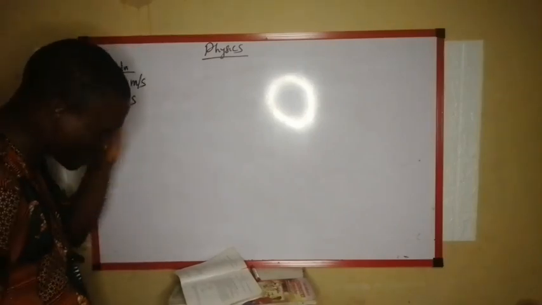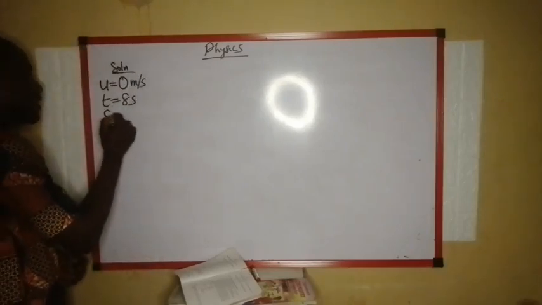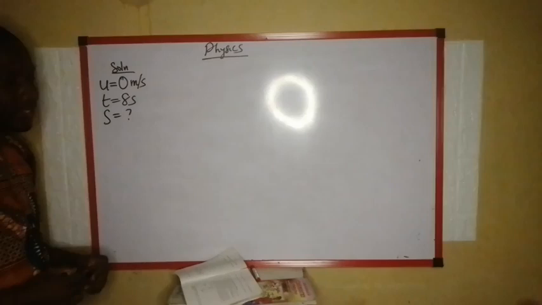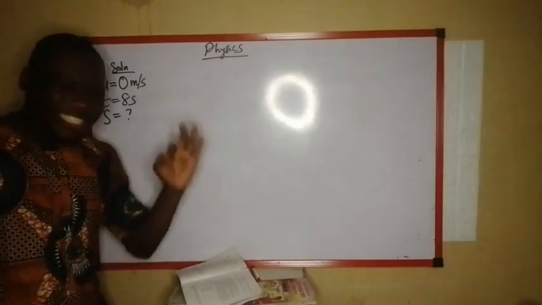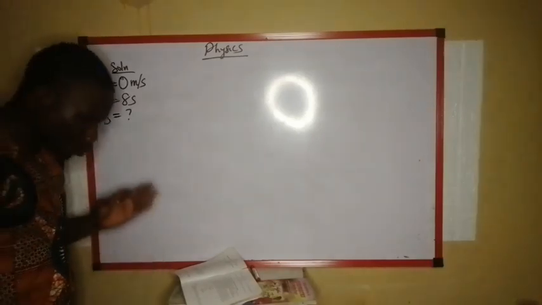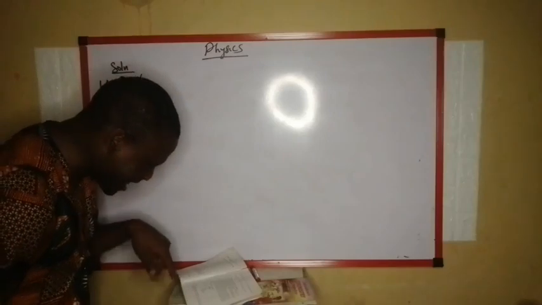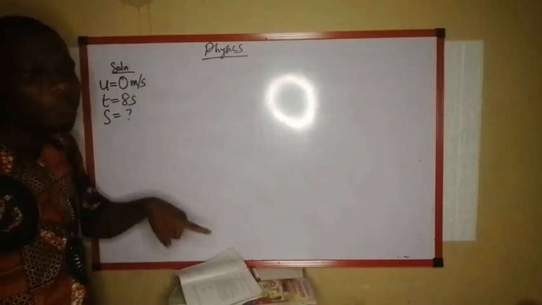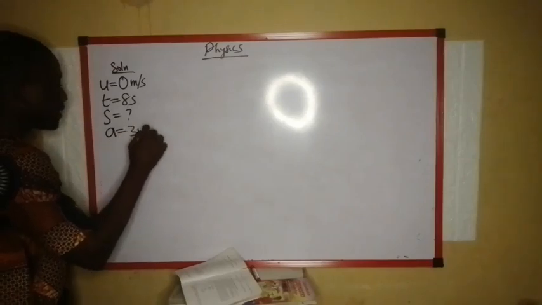Calculate the distance covered by the body during the acceleration. So they are asking us to find S. We don't know S. Now we are going to ask ourselves a very simple question. Which equation can help us to find S? Now they also said at a rate of 3 meters per second square. That means they give us acceleration to be 3 meters per second square.